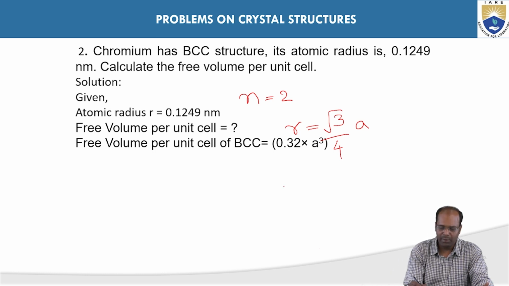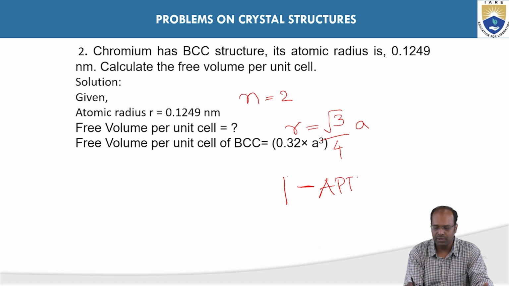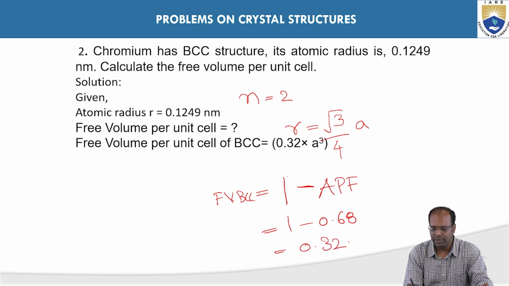For body centered cubic, it is 1 minus 0.68, which is 0.32.